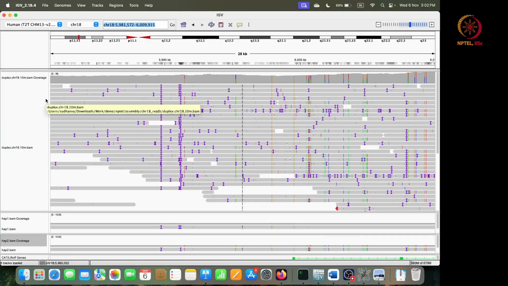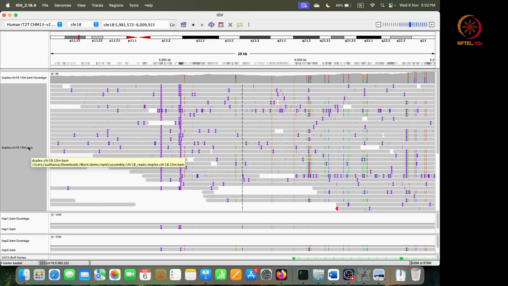Let us look at a visualization. So, the top track over here contains the alignments of the 10 duplex reads sampled from chromosome 18 in the first 10 million bases of chromosome 18.